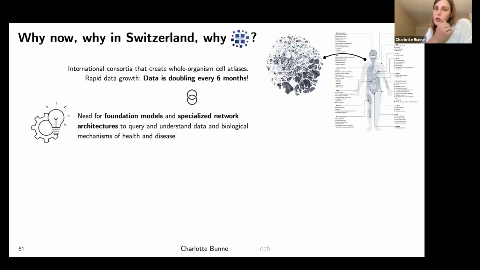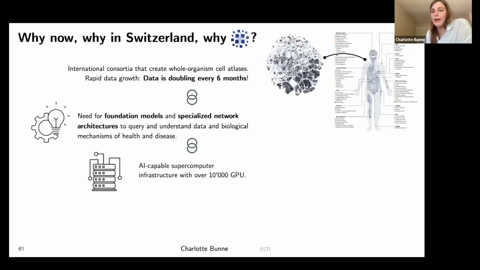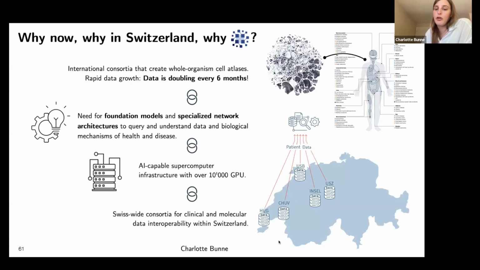So there's still a lot to do, and we are very far away from the vision I presented on the previous two slides. To do so, we need a lot of compute power, and this is something Switzerland has invested in. We now have a supercomputer infrastructure launching this summer with over 10,000 GPUs. And of course you need countrywide initiatives that are collecting patient data and are curious and interested in connecting it to the progress made in AI.